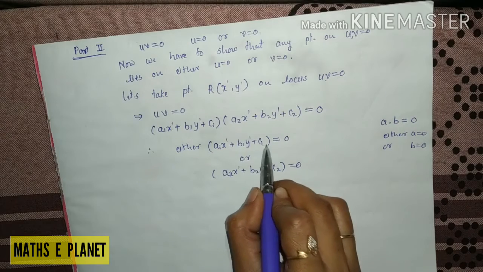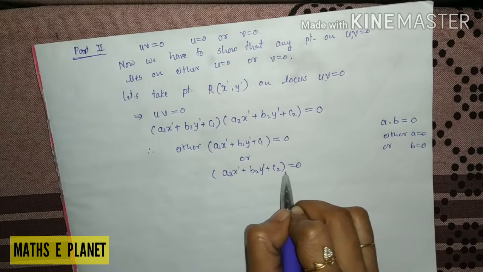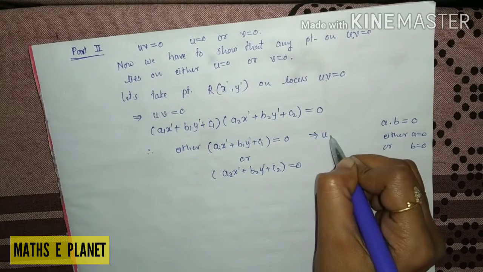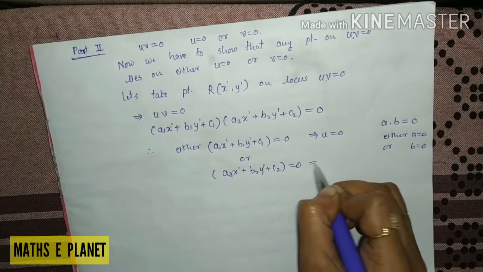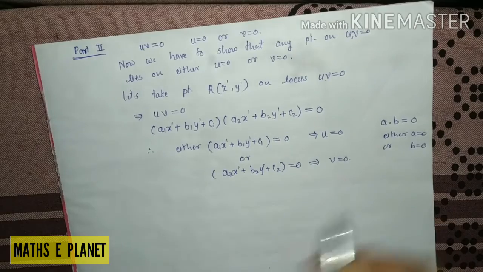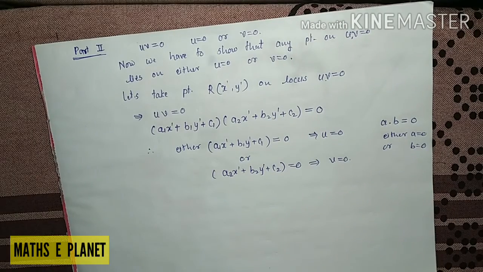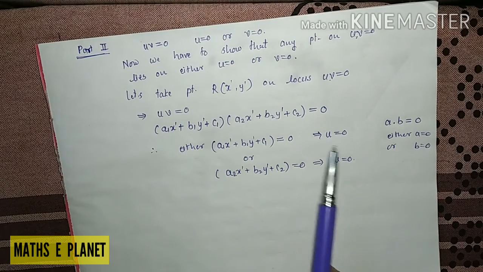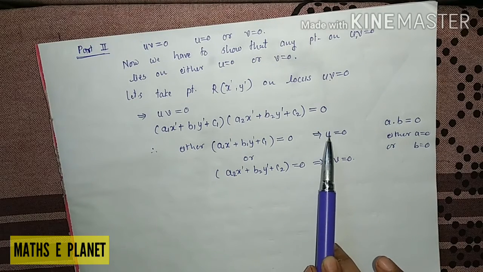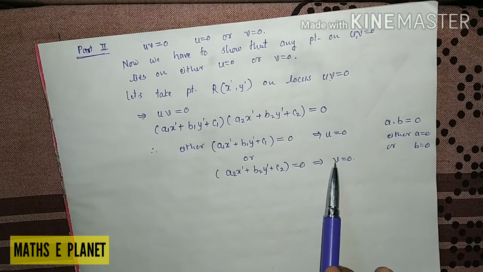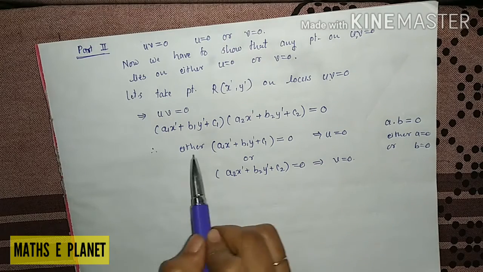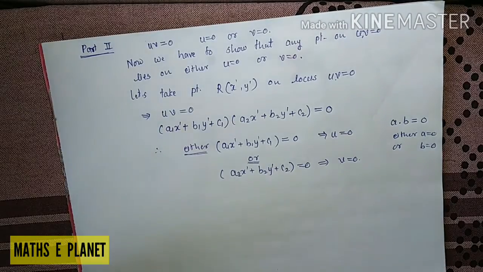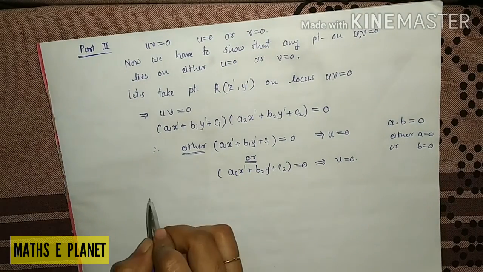But this is the equation of u and this is the equation of v. It means this point R satisfies either equation u is equal to 0 or v is equal to 0. These terms are very important here, either or.